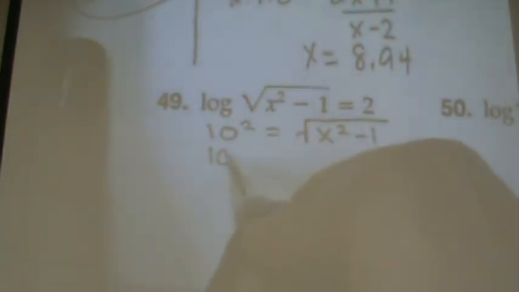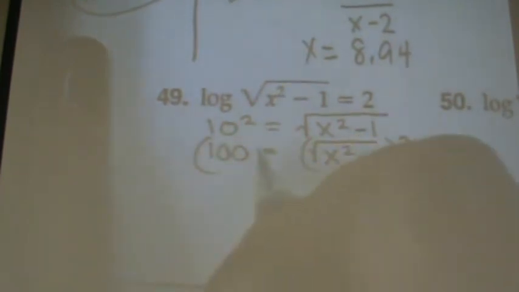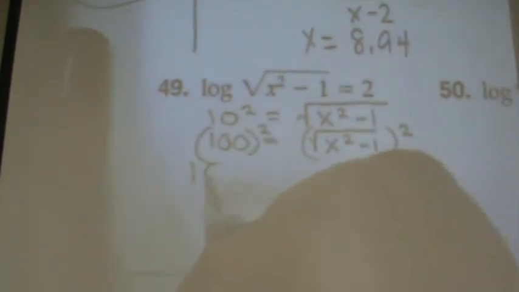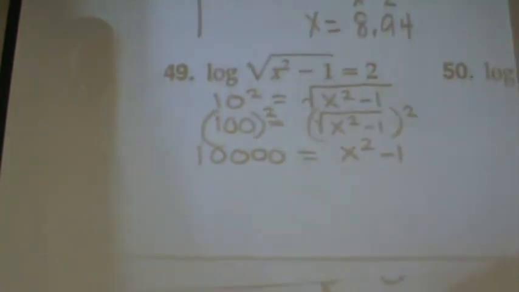Now, how would I get rid of this side? This is 100, right? Square it again. Oh, good job. If you square that again, that becomes 10,000, and this is x squared minus 1. Then what? Add 1.